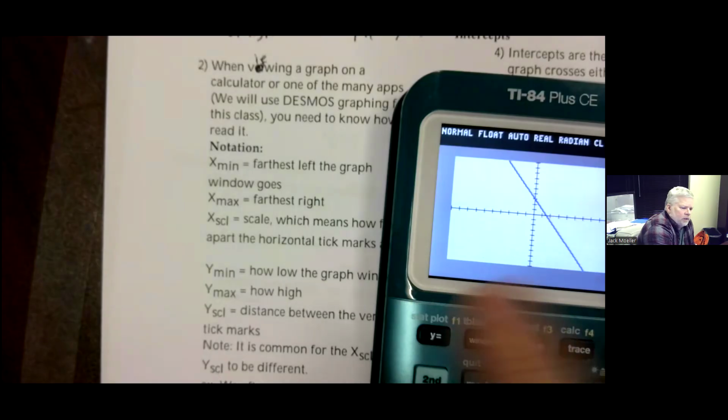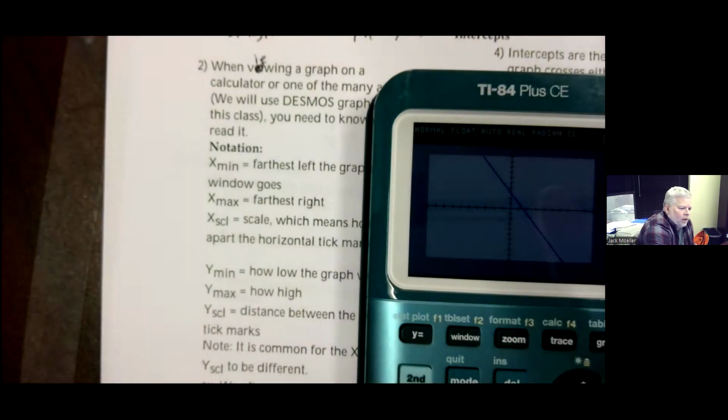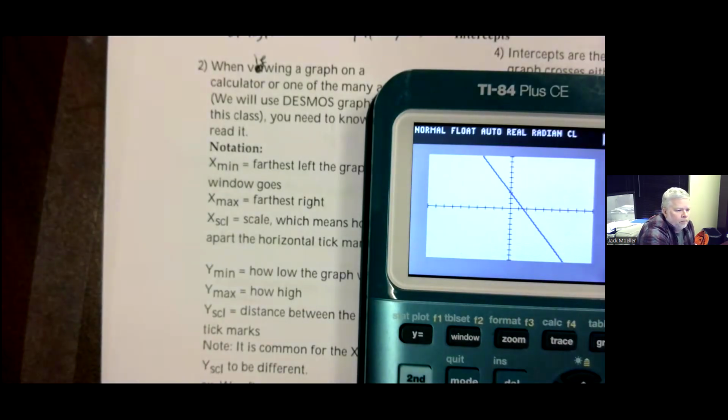The scales in the X and Y direction can be different because once we start getting into big numbers, our Y scale doesn't have to be one. A lot of times it could be 10, it could be 100, it could be 1,000, right? Whereas a lot of times the X scale is going to stay at 1.